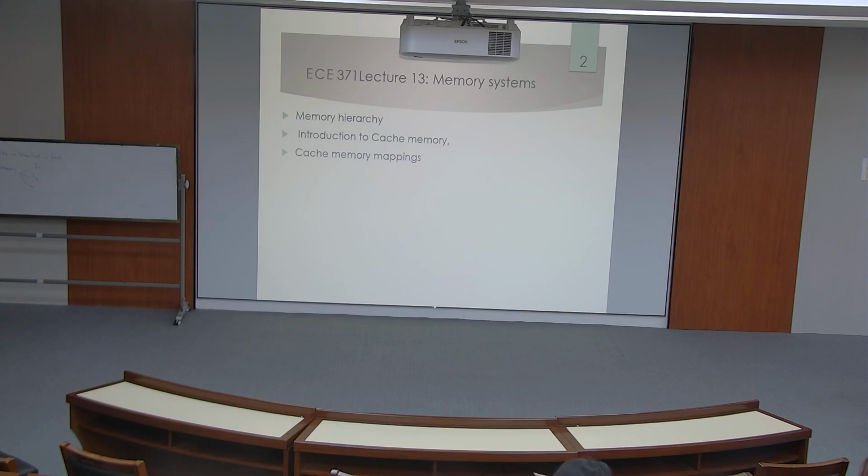Now, after cache memory, we have the main memory, which is there to store active data. This is what we call volatile memory, which only holds data when there is power.